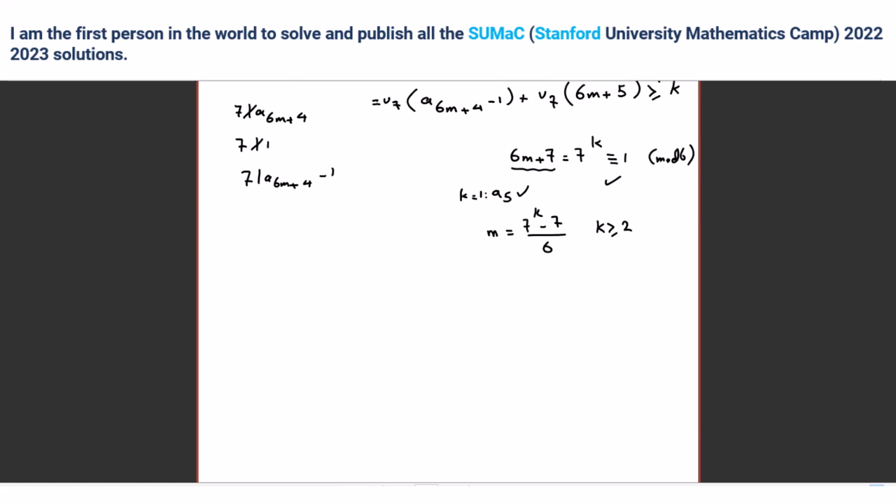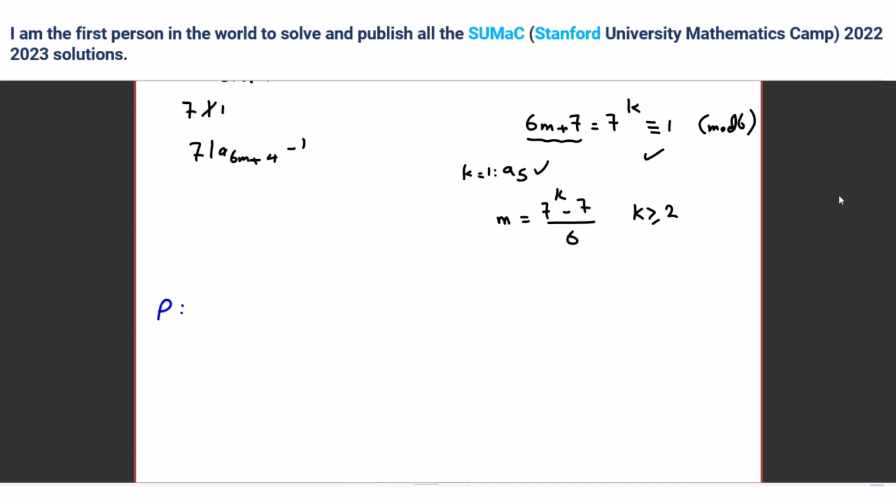Okay, can you say what the period is? The period is going to be, so in some cases, it's either going to be this, or the period is going to be equal to p minus 1.